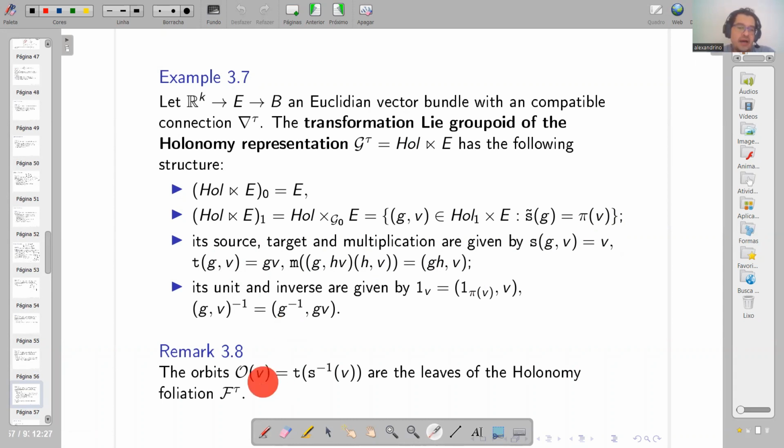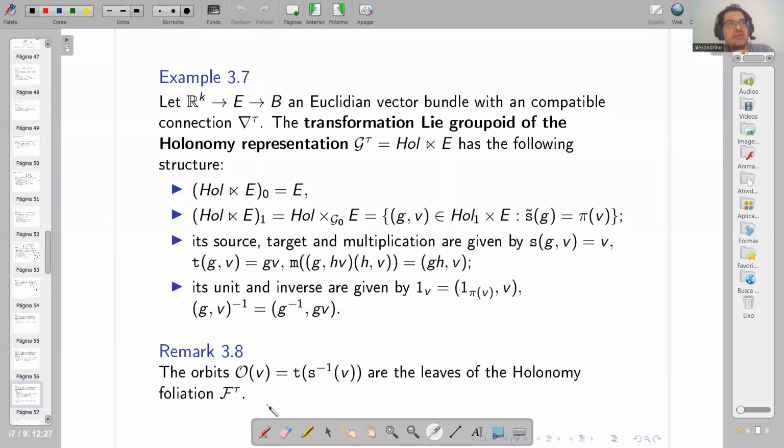The advantage now is that the orbits now coincide with the leaves of the holonomy foliation. So the holonomy foliation is a nice object because it appears in Riemannian geometry. It illustrates a geometric control system.